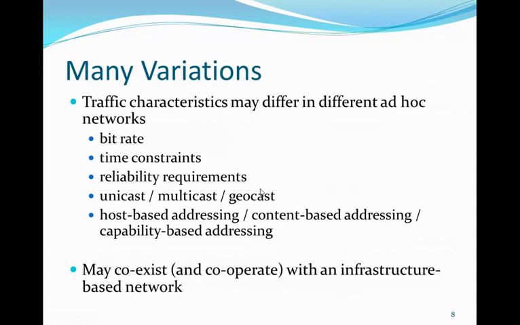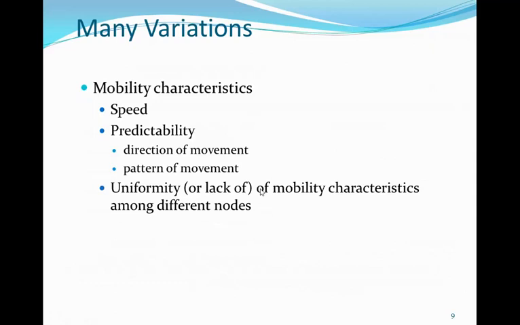Either it will be host-based addressing, content-based addressing, or capability-based addressing. There may be a possibility that these nodes work within a hybrid environment where sometimes the infrastructure is present at one side and the other side is totally without any infrastructure, in an ad hoc pattern.